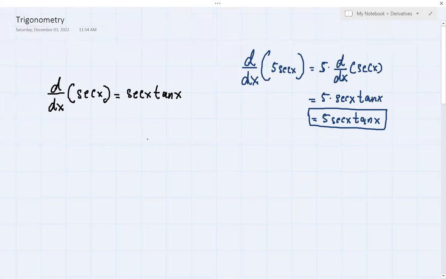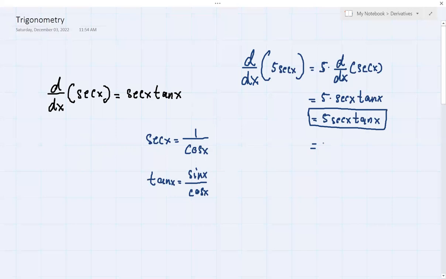Alright? So recall natin, okay, reciprocal identity pa rin. Secant x is basically 1 all over cosine x, kung naalala nyo, di ba? Then, si tangent x, ano siya? Sin x all over cosine x. Okay?